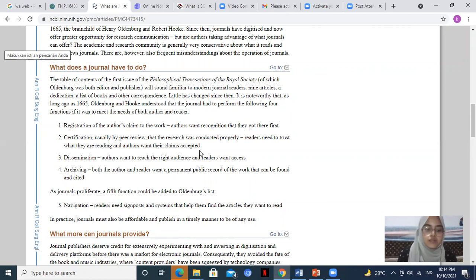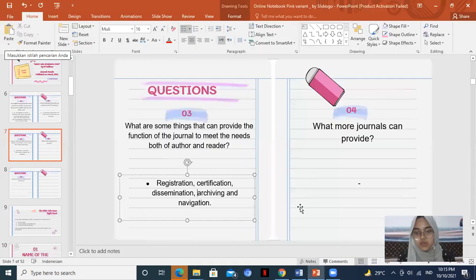The reader itself wants access, and they need to trust what they are reading, both the author and the reader. Okay, we go to the next question.